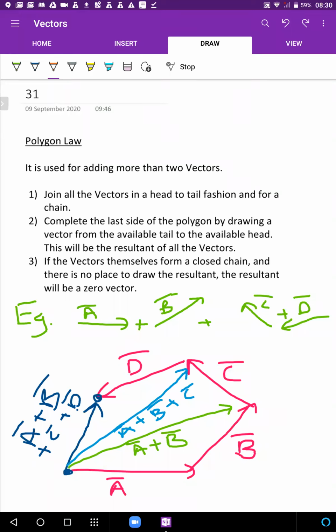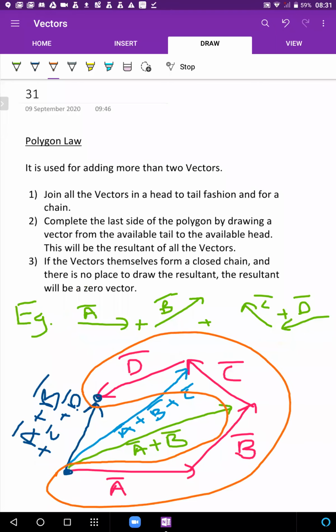Yeah. While you're copying, if anyone has any doubts, you can ask. One of you is asking me to explain the second part of the law. Ye wala, complete this one, second statement. हाँ. क्या है, जो तुम्हारे वेक्टर्स जो तुम्हें ऐड करना है, जैसे ही तुमने एक चेन बना लिया है ना, ऐसा हेड टू टेल ज्वाइन करते करते, उस चेन में तुम्हें दिखेगा कि एक टेल अवेलेबल है.